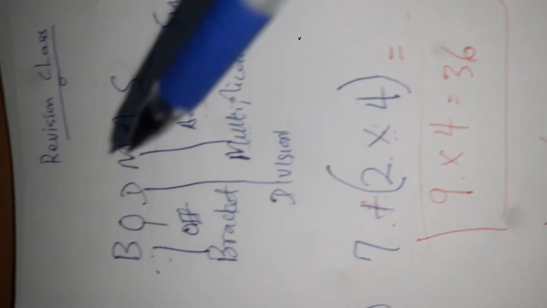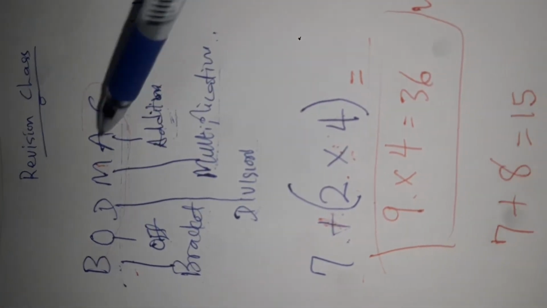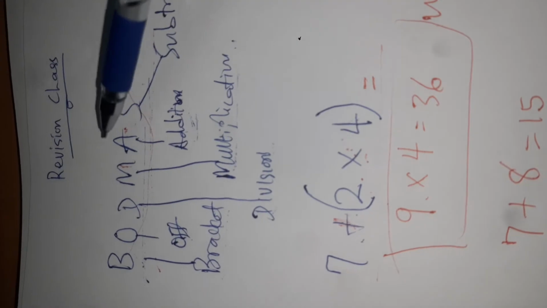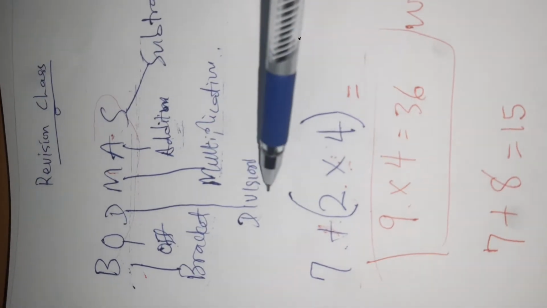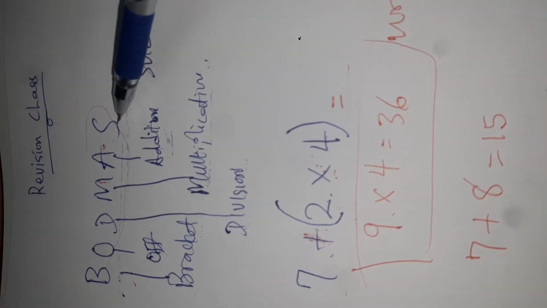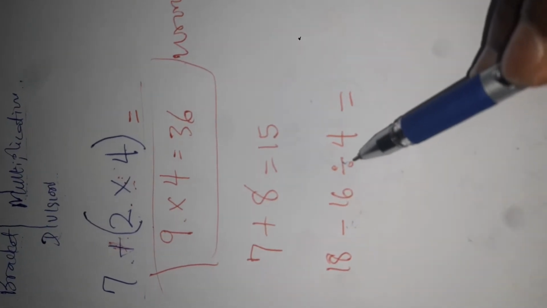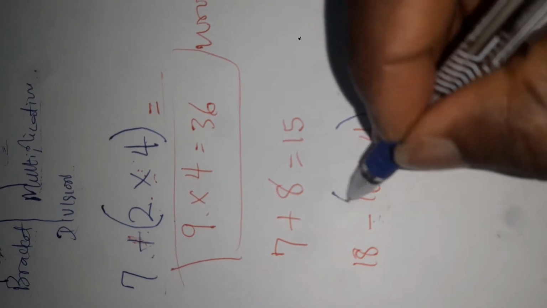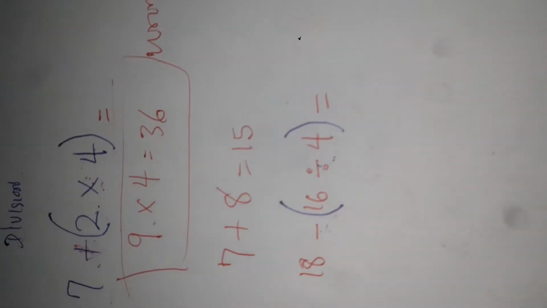Now you come to your BODMAS. What is the order? Which one comes first? Is it minus or division? If you check, D is for division. So division comes before subtraction. Okay, so you are going to solve for division first, okay? Now just put it inside a bracket so that you won't get confused.